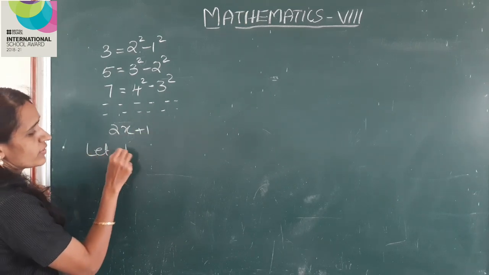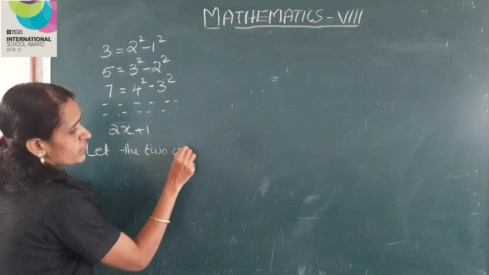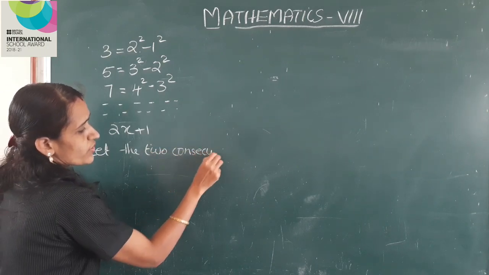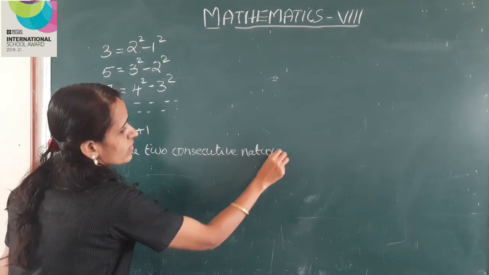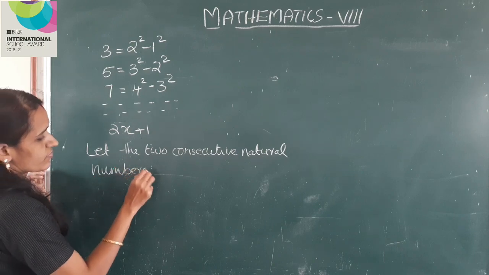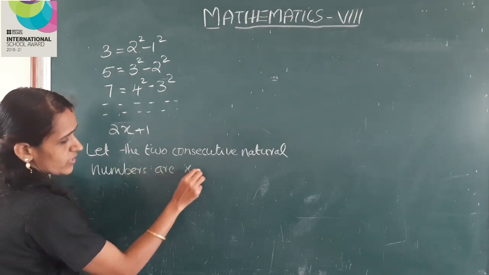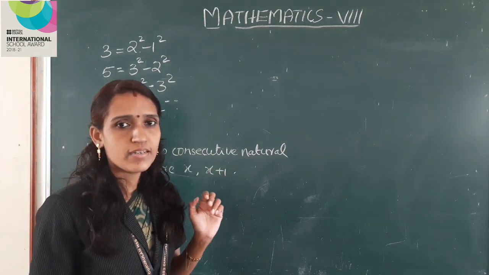Let the two consecutive natural numbers be x, x plus 1, right?